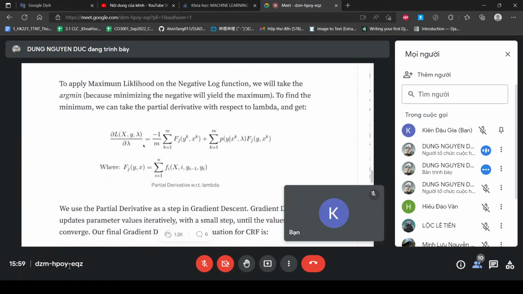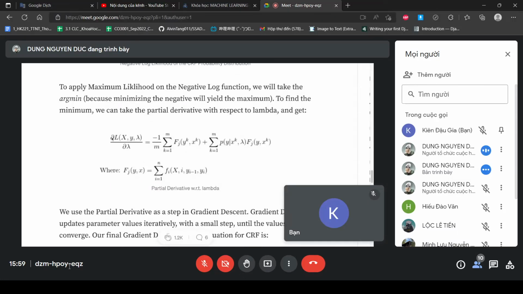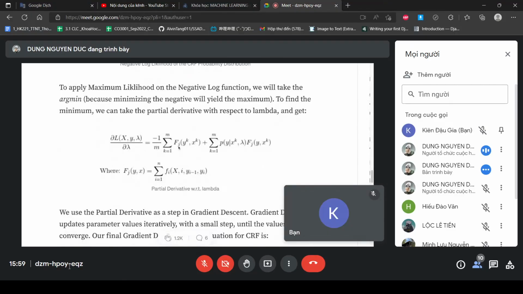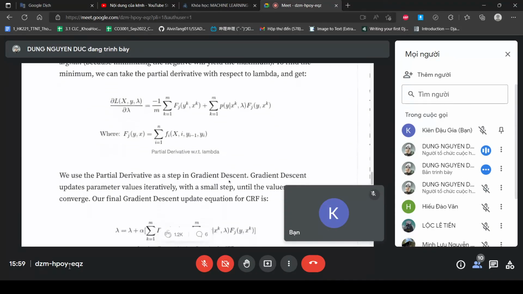Overall, if you take the derivative of the L function we mentioned earlier with respect to lambda, you will have a formula like this one, where f_j is still the feature function you have, but in the form of a vector instead of a single value. And f_j here is nothing but the sum over all the features.